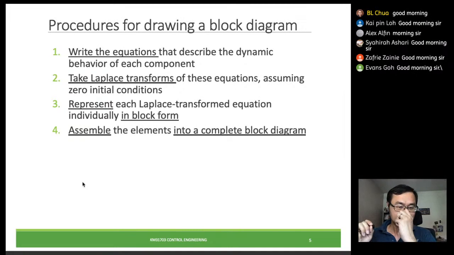Now we represent the Laplace transform equations in block form. After that, we assemble all these multiple blocks into a complete block diagram.